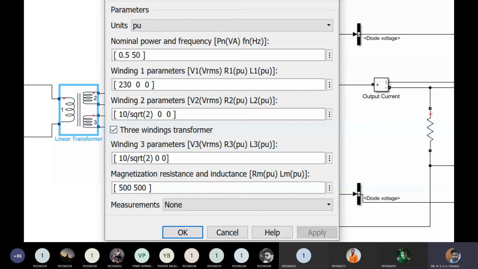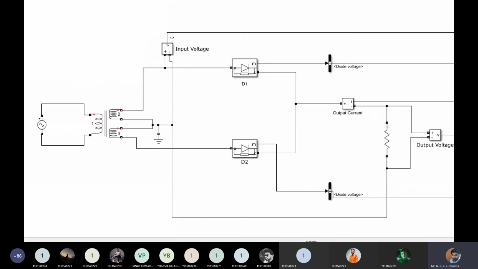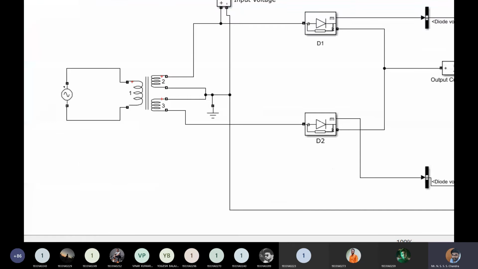Okay, and then see the connection of how I am doing it. I am joining the bottom terminal of winding 2 and the top terminal of winding 3, and then I am giving it to a ground. And then I want to measure the input voltage.